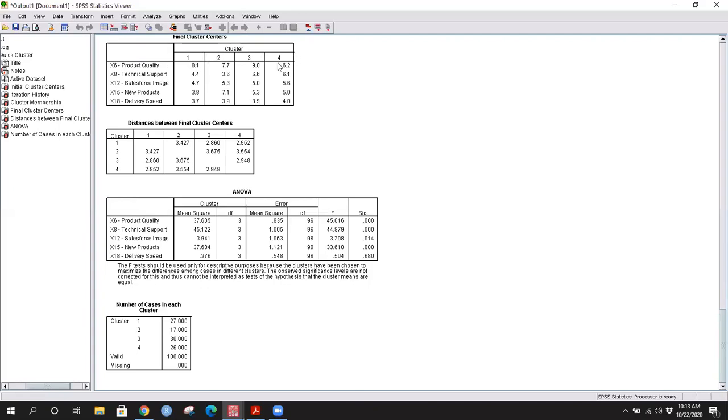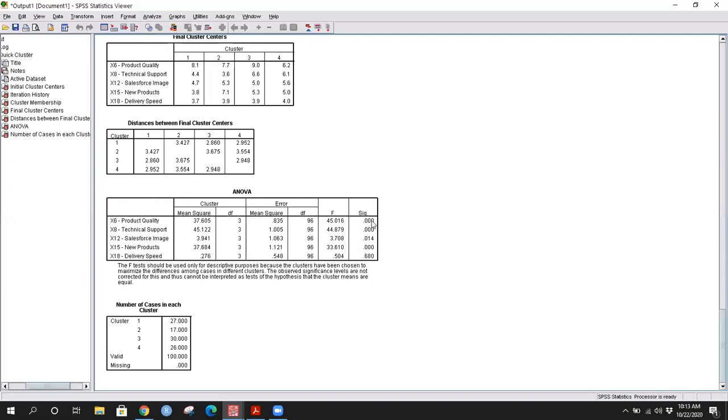If it is coming out to be statistically significant, that means I'm able to reject this null hypothesis of equal means, then I can say that the means are indeed different and product quality as a clustering variable has done a good job. Okay, so I see for product quality, my p-value is 0.